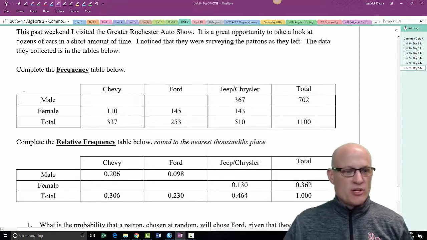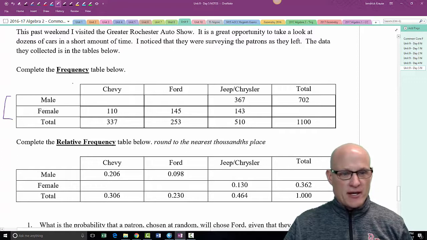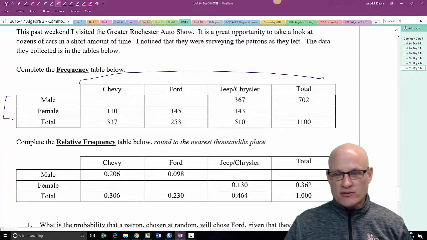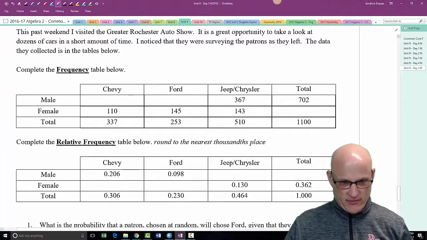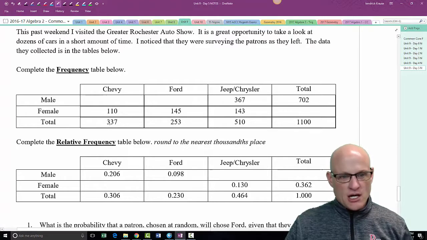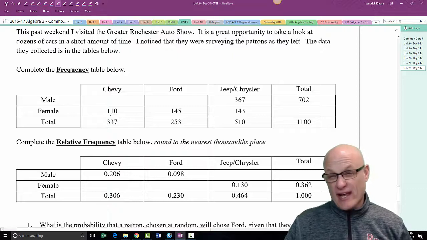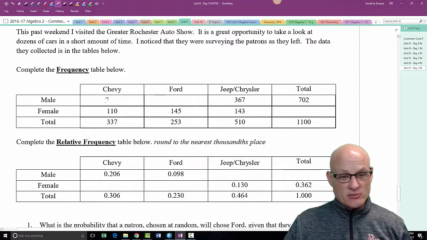So it looks like they were doing a little stratification with males and females and car type, what their favorite car type was. So let's fill out this top one first, and let's see if it makes sense. I know that this total for Chevy has to be 337. I already have 110. So if I just subtract those, I should get 227.